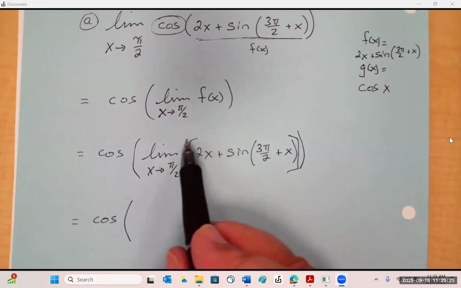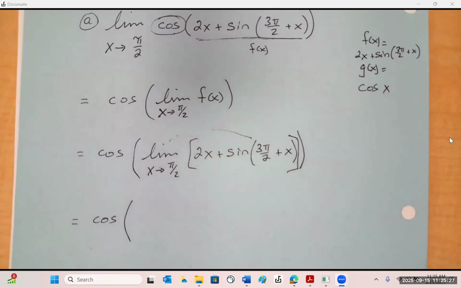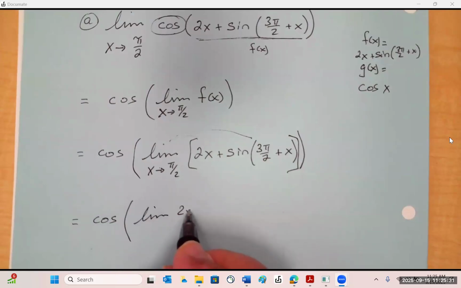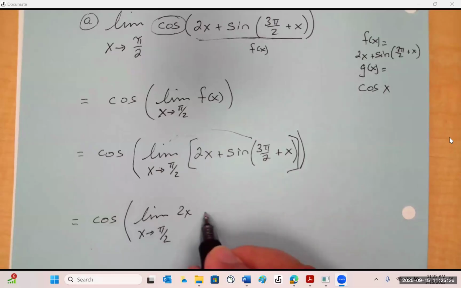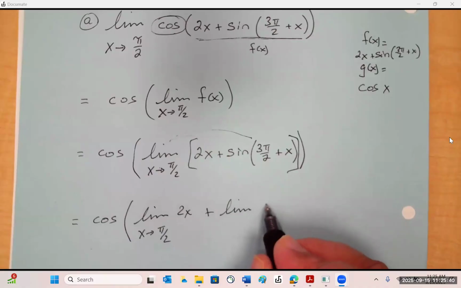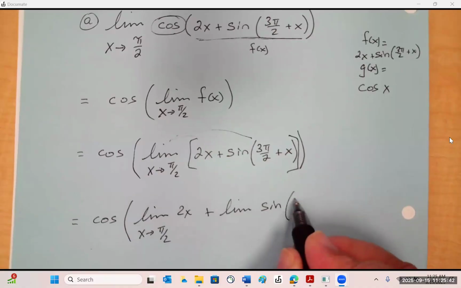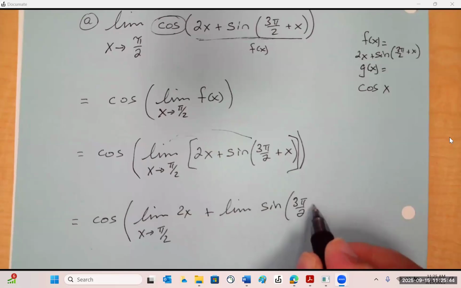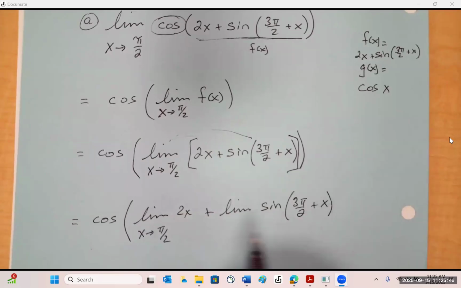Well, this is the sum of two functions. So we take the limit of 2x as x approaches pi over 2, plus the limit of sine of 3 pi over 2 plus x as x approaches pi over 2.